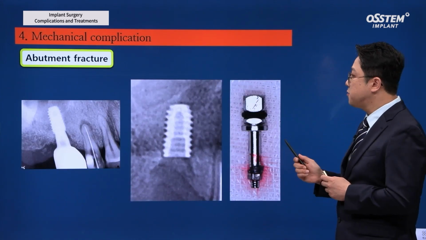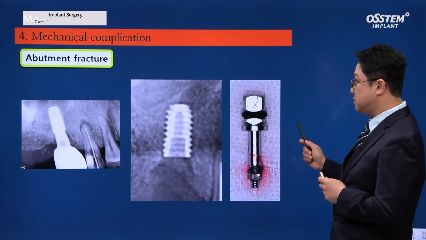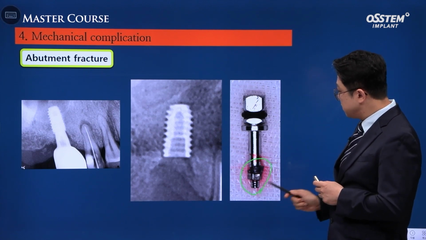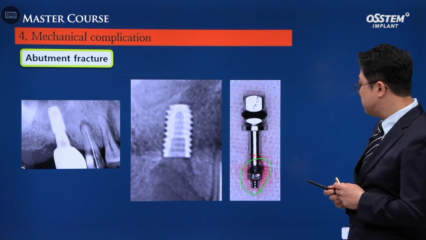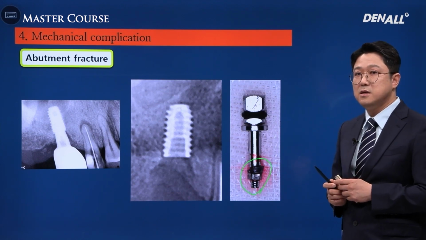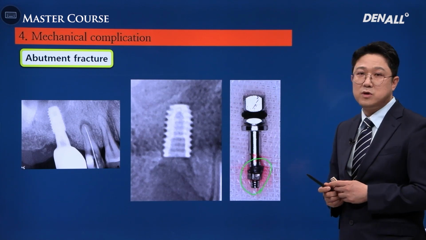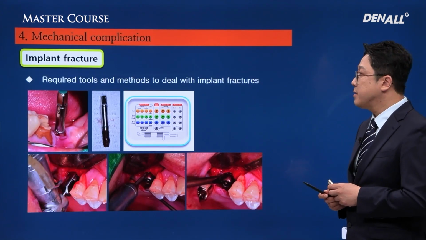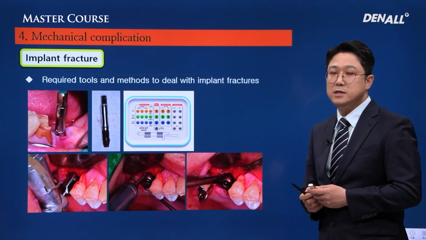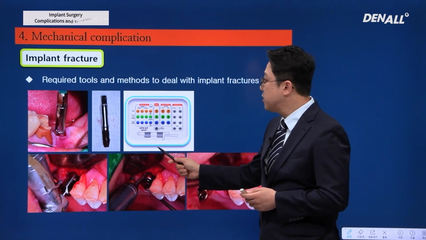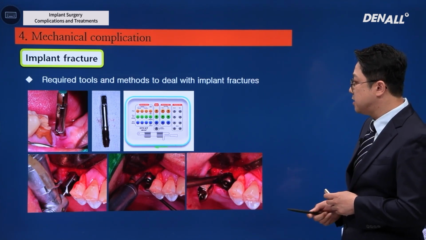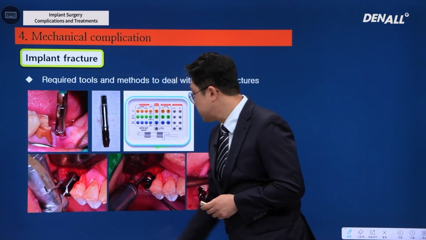When there's an abutment fracture, if you look at the ESR kit, there are these types of tools to remove the abutment. You can remove the hex area using this tool. In removing the implant, I'm sure you use this. The EFR kit is frequently used to remove the implant body, or you can use a trephine burr.